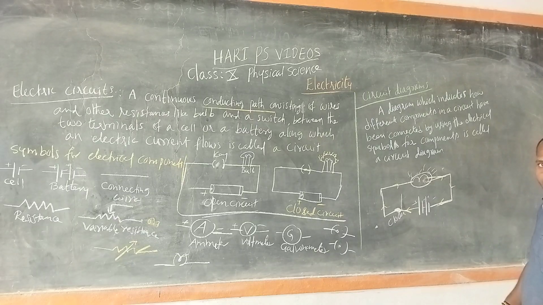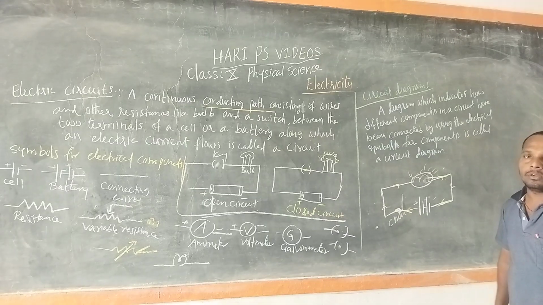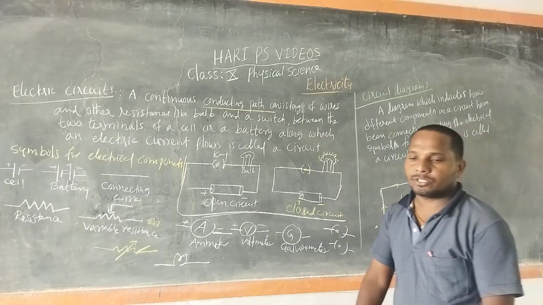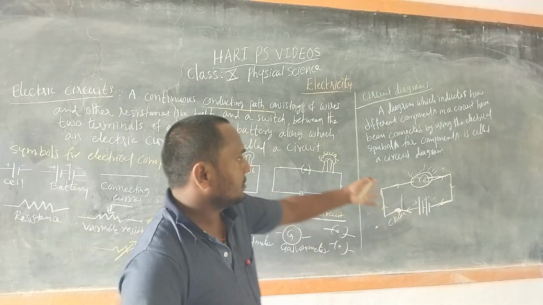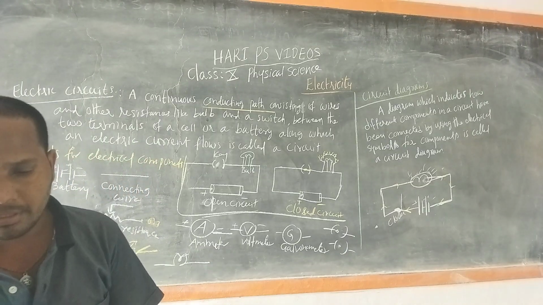Actually the flow of charges, the electric current, is from the negative terminal to the positive terminal. Right, this is a circuit diagram.